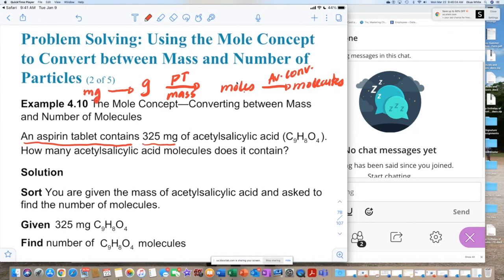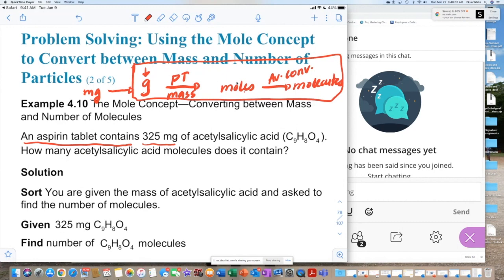You have to have your number in the right unit. So I would like to start from grams, but they gave me milligrams. So I essentially have to add one more conversion, go from milligrams to grams, and then grams to moles and moles to molecules. So this is the path I know of. And if my number is given to me in a path that's different from what I'm used to, I just have to prep my number to get to the path.